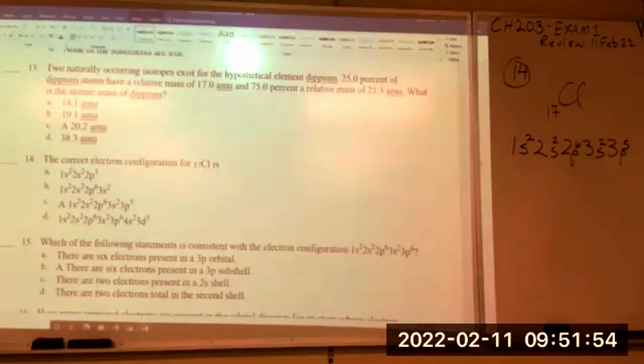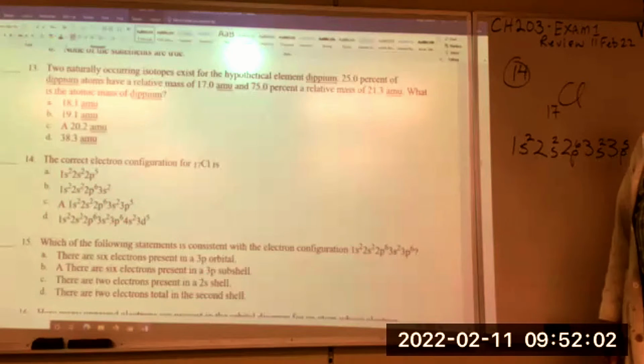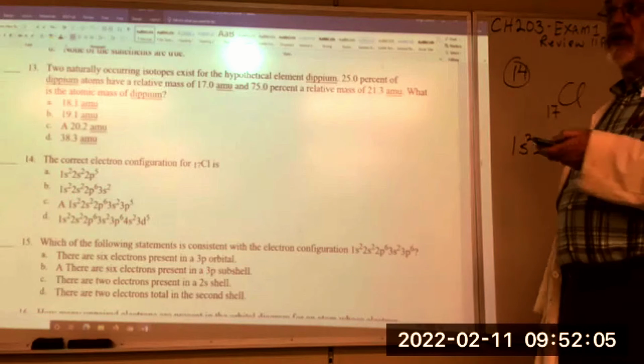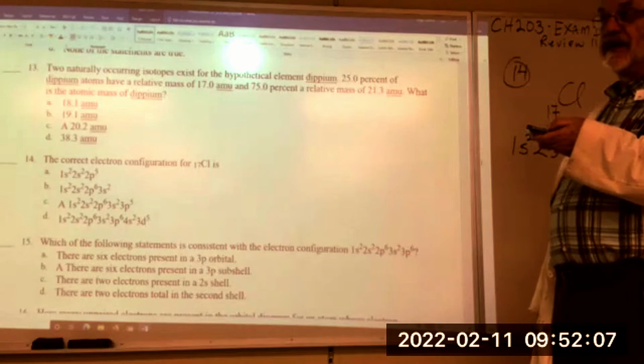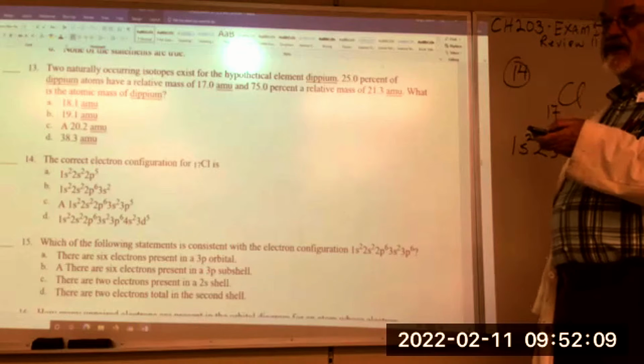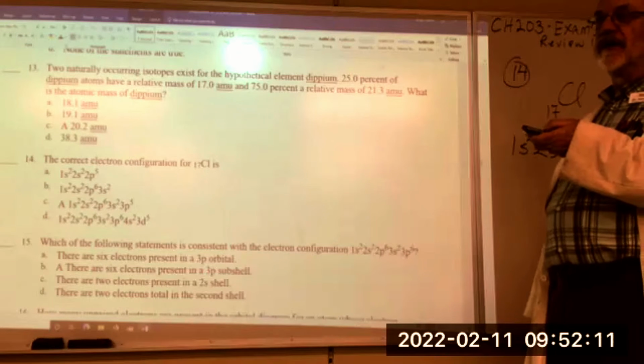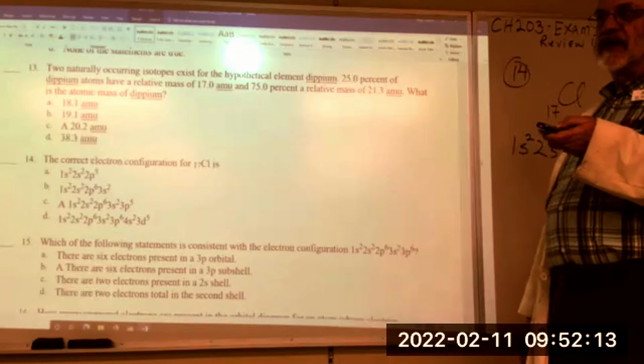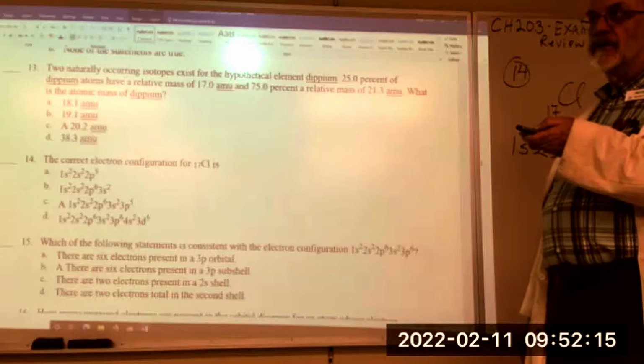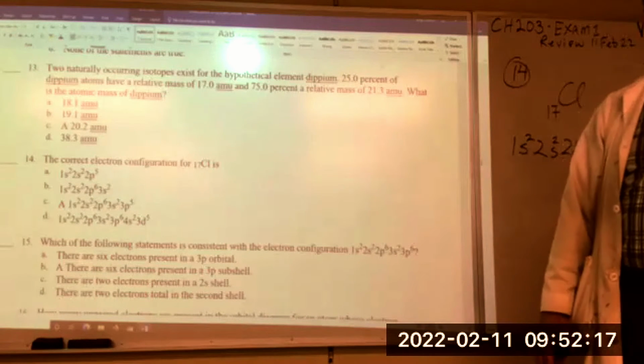Well, no, you're going to have to write it this way. We can't use the ultra abbreviated version, where you back up to the nearest noble gas and use that as your starting point. That's your core. And then you go down and say 3s2, 3p5.